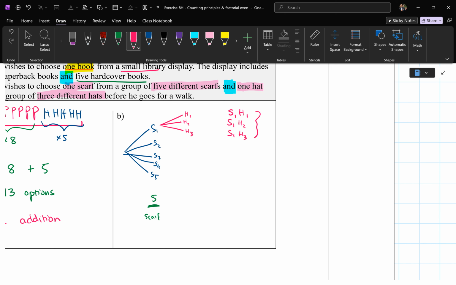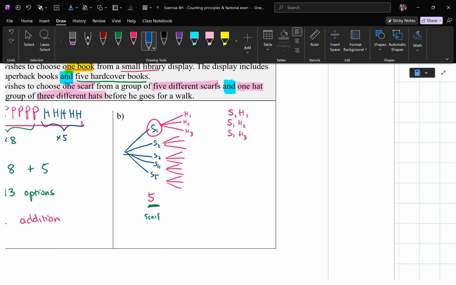That's 3 different ways that they could have chosen one scarf and one hat so far. So that means for every scarf chosen, so there were 5 of them here, for every one of those options they choose for the first one, there's another 3. There's 3 for every single option.